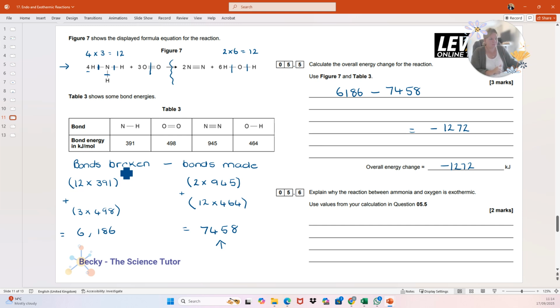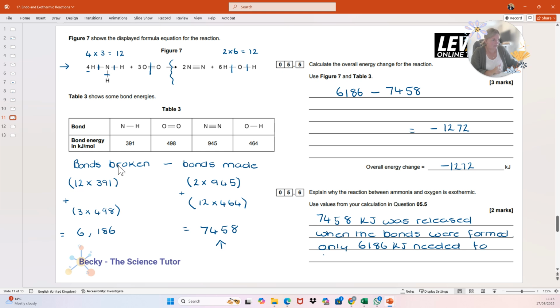However you do this, I might say that I got 7,458 kilojoules was released when the bonds were formed. And only, say only, because it's less than, only 6,186 kilojoules was needed to break the bonds.